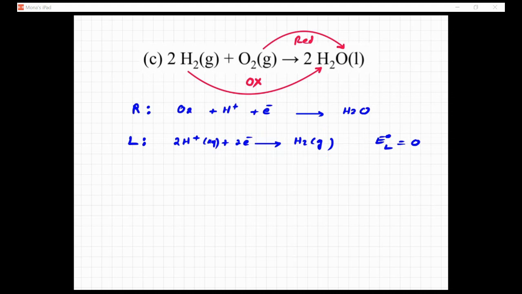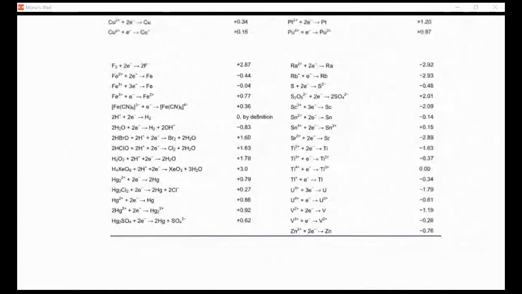Do we have these two reduction half reactions in the table? Yes, we have them in the table. Let's go and look at the table. I'm looking at O2 here.